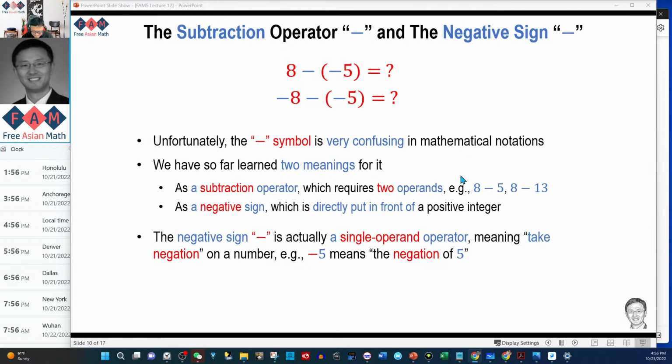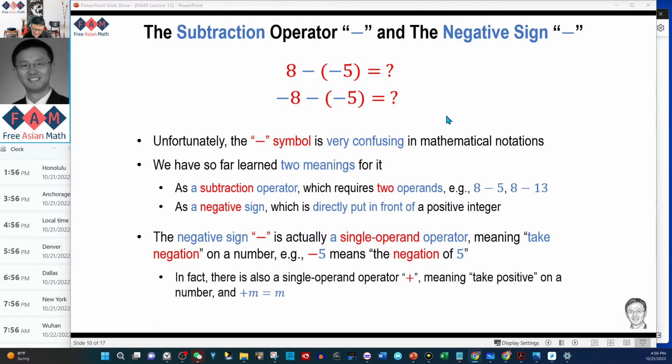Okay, so in fact, this is just a side note. There's also a single operand positive operator, kind of symmetrical with the negative sign or negation operator. This just means take the positive of a number. But if you apply this operator on a number, it doesn't get you anything. The result is still the same number. That's why we usually do not use this operator unless we want to emphasize certain things.